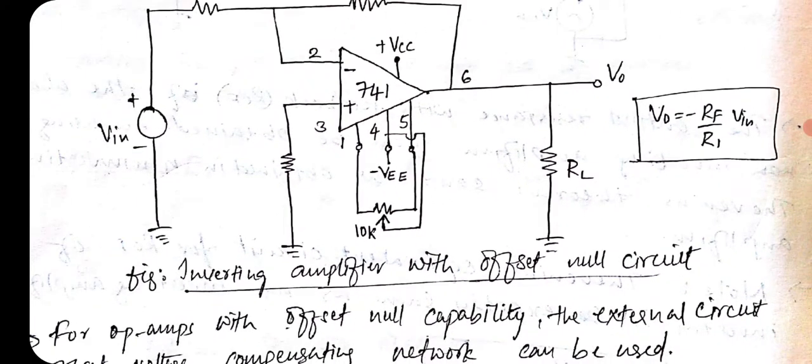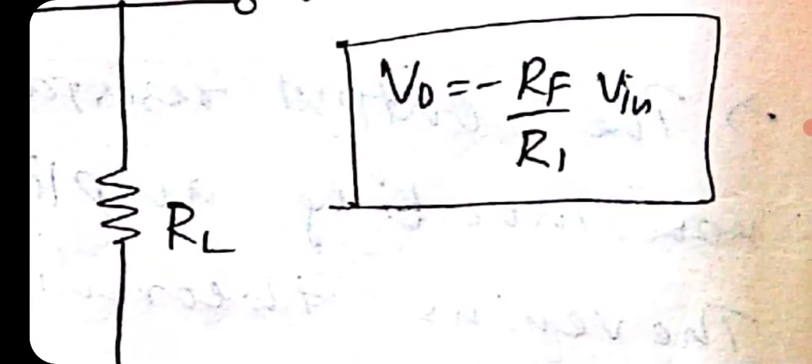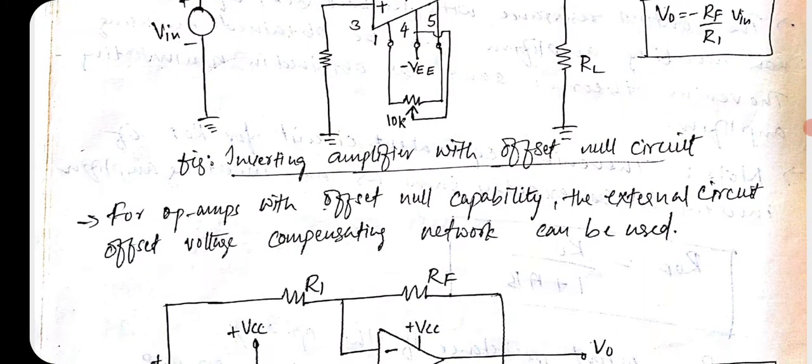We have one more arrangement. I will show you in the next circuit diagram. Here the output voltage is written as V naught equal to minus RF by R1 into V in. Now for op amps without offset null capability, the external offset voltage compensating network can also be used.